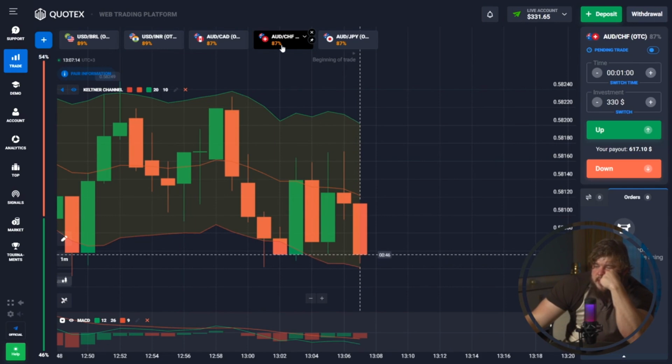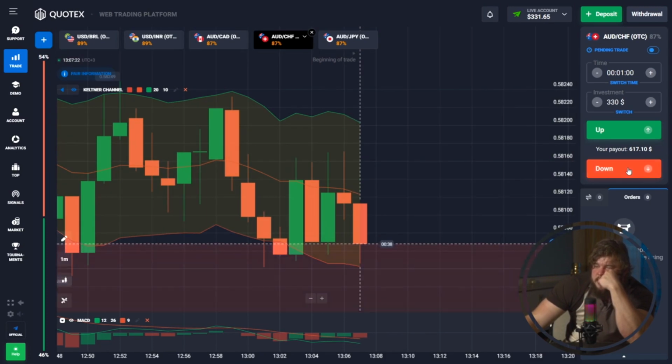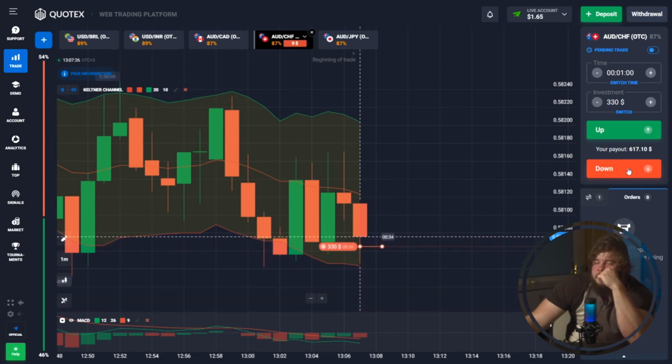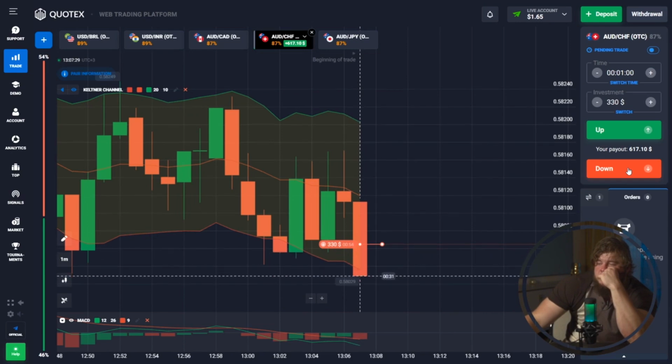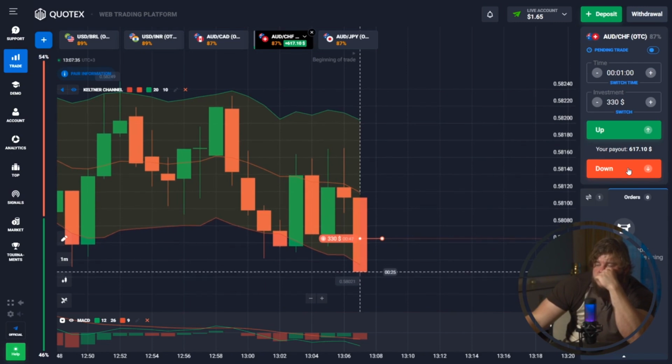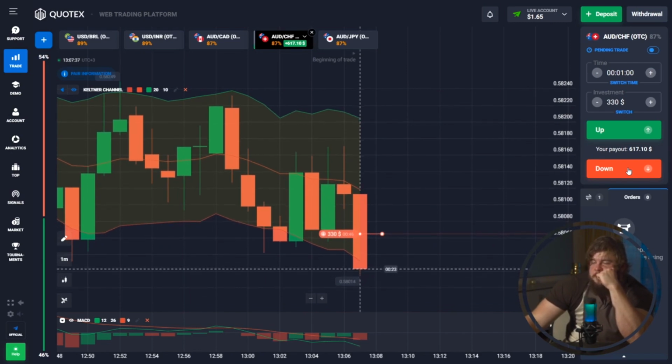If the price is hitting the bottom of the channel, after this it will highly likely go up towards the middle of the channel or even towards the roof of it. And contrary to that, if the price is hitting the roof of the channel, it will highly likely reverse its movement and go down towards the middle of the channel or even towards the floor or bottom of the channel.